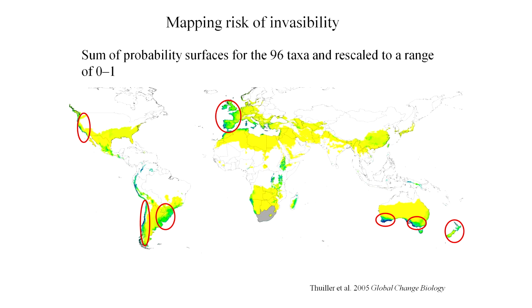So some areas that are a much higher risk of invasion down in southern Australia, in California, around some areas of coastal Europe and North Africa, down in South America along the west coast there.